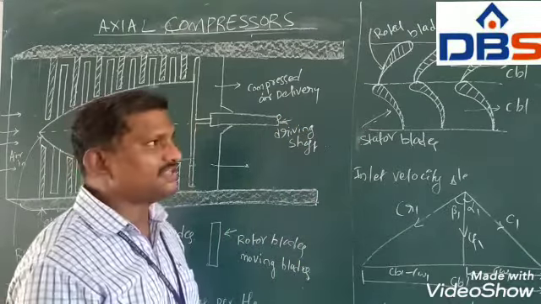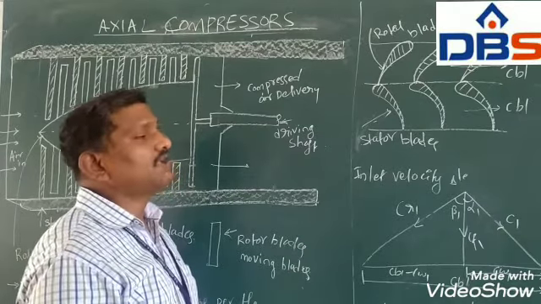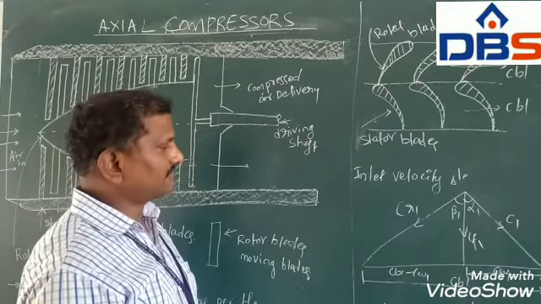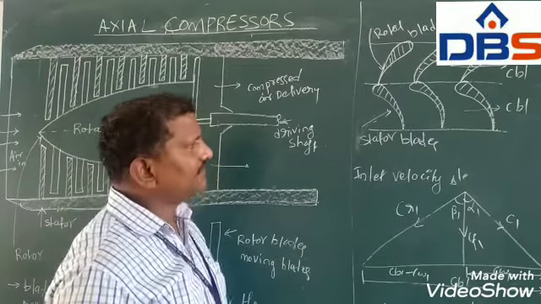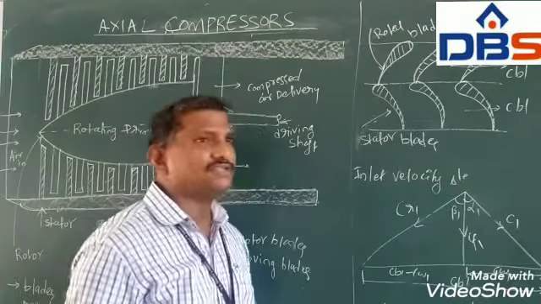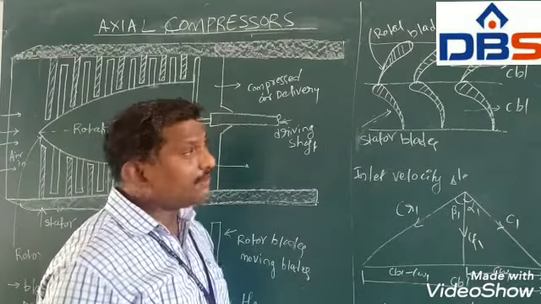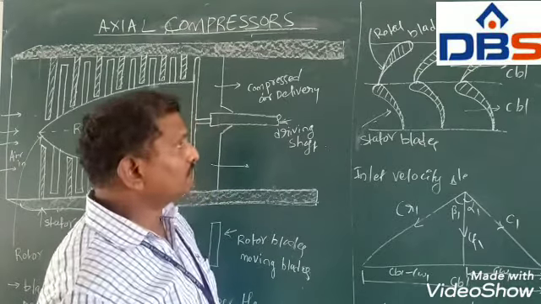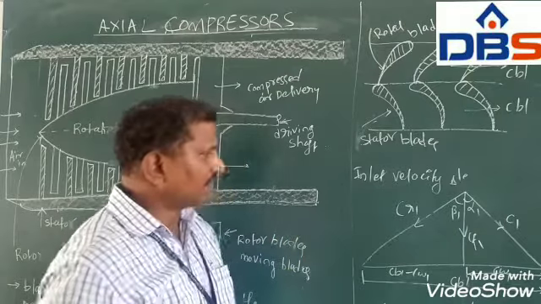So one stage is nothing but a combination of fixed blades as well as rotor blades. Velocity triangles are very important factors in determining the work required for the compression of the air.